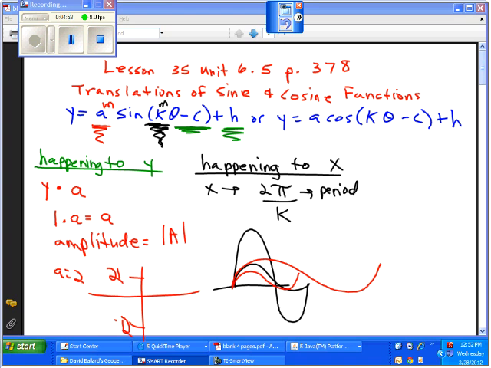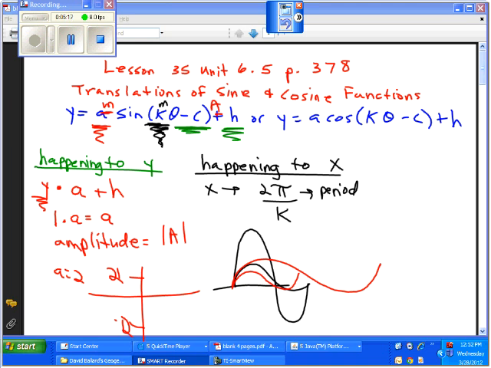Remember that what is on the outside is going to happen to the y in the order of operations. And so if there's a multiplication over here and an addition over here, then if I took my parent function y, it would end up at a times y plus h. We apply the order of operations.